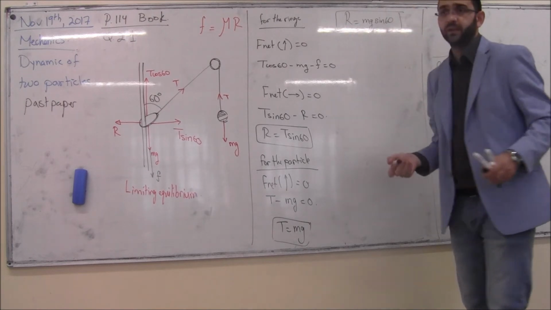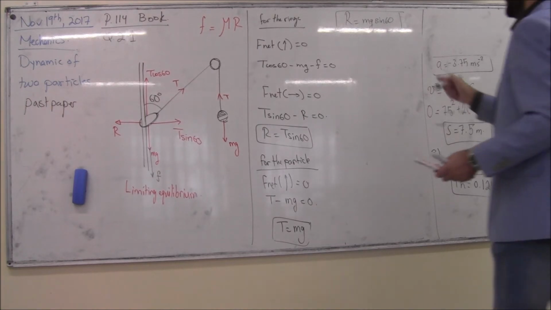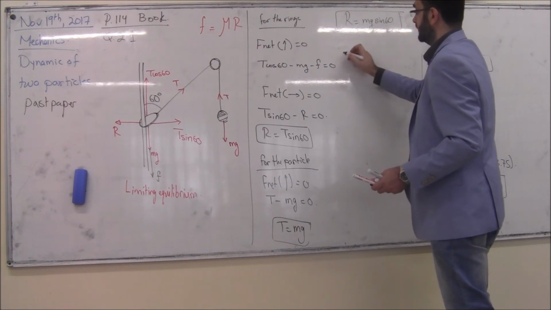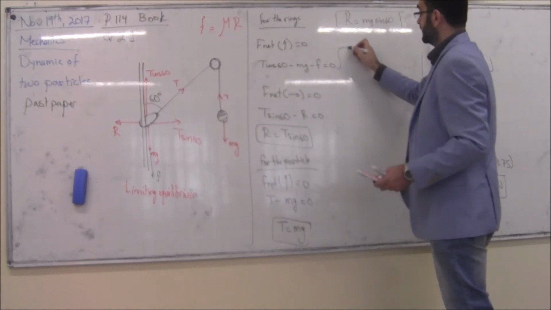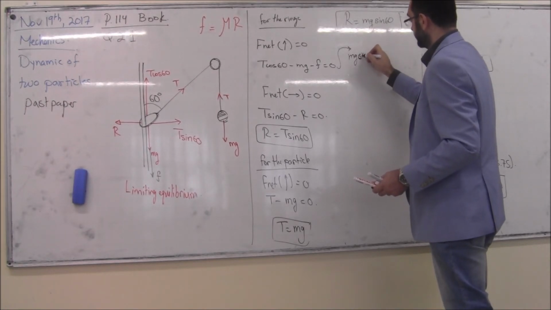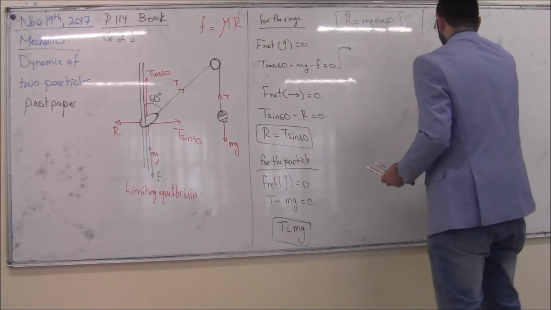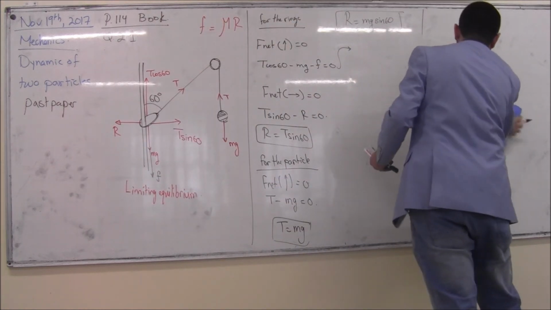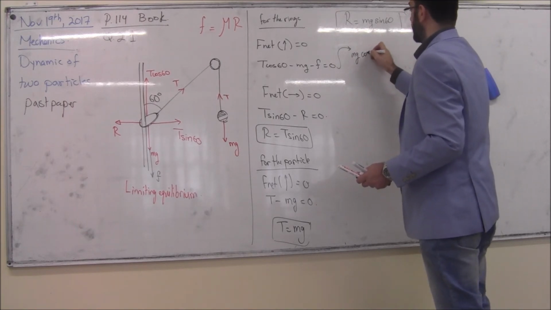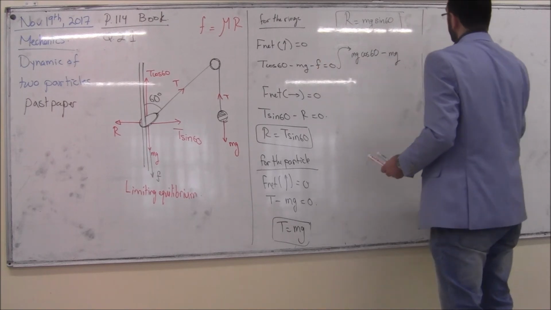So everything is in terms of m, because m is a given value. Substitute T, which is mg, here: mg cosine 60 minus mg minus mu mg sine 60.